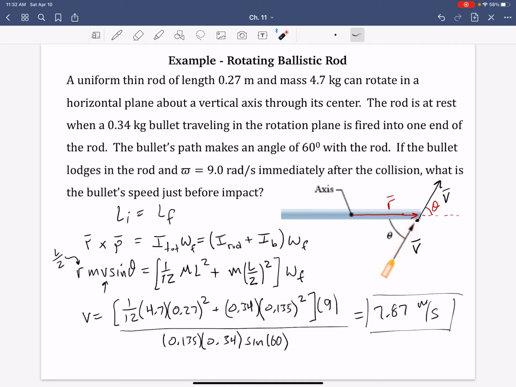Because of that, we used the expression for L as R cross P, and we equated that to after the collision, when both objects were rotating about the center of mass, and because of that fact, we use the form of I omega. We don't always have to use I omega initially and I omega finally.